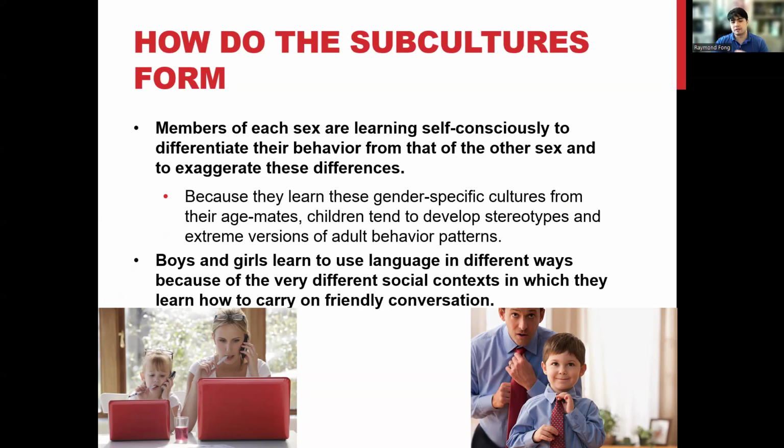So let me break this down for you. What is interesting is that when people are learning what it is to be a man or a woman, an adult man or woman, they are trying to differentiate themselves, right? Whether you're a man from a woman or a woman from a man, with growing older. Now, what's interesting though is that this kind of understanding of the opposite sex is developed from ages 5 to 15.